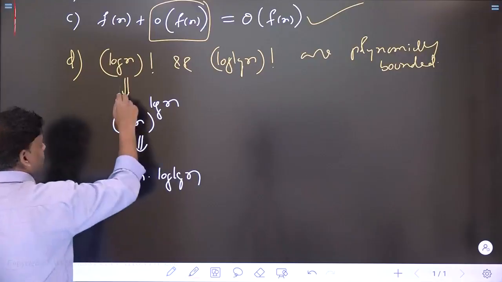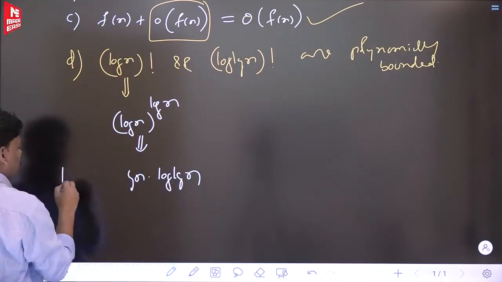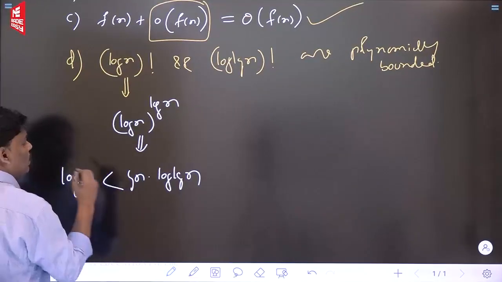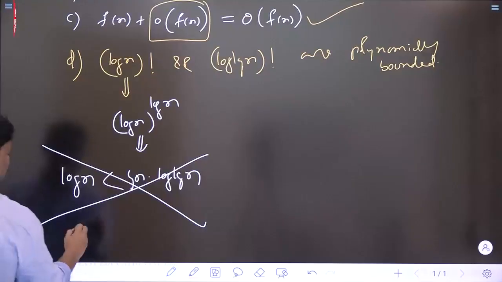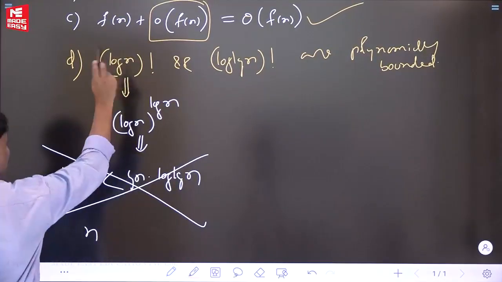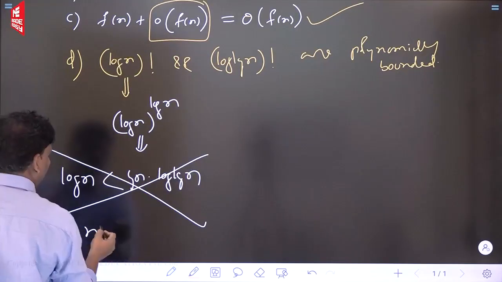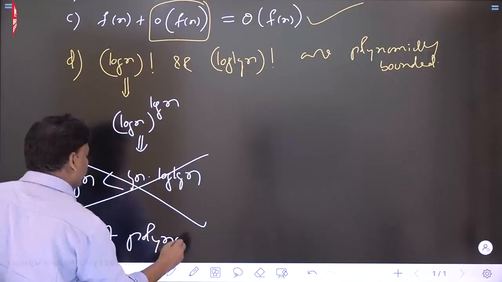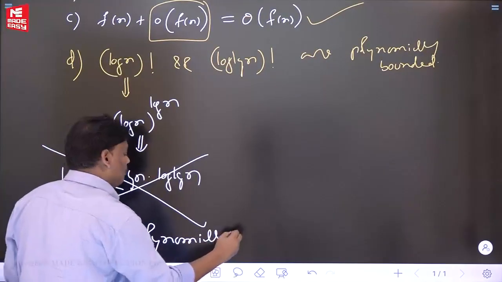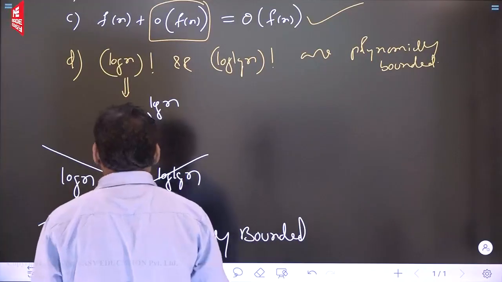After applying log to any function, if its value is more than log n, then it is not polynomially bounded.